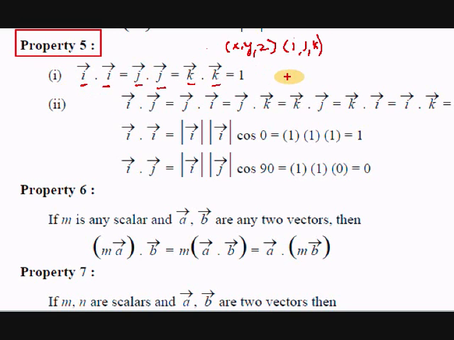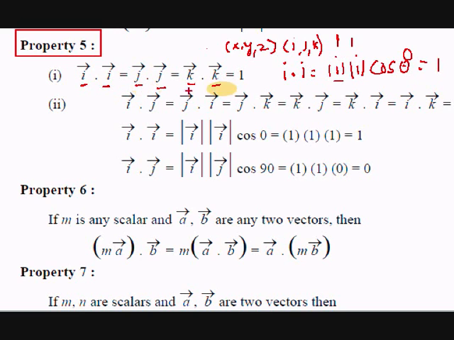So the dot product is what? i dot i vector equals the modulus of i vector times cos 0. Since it's a dot product of the same thing, it's going to be cos 0. We know i's magnitude is 1, so this is equal to 1.